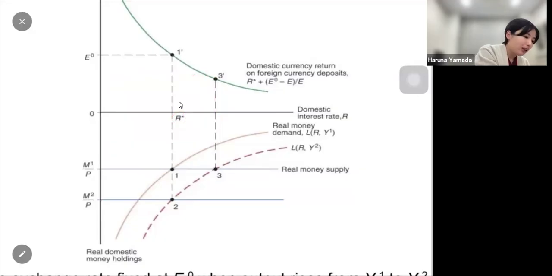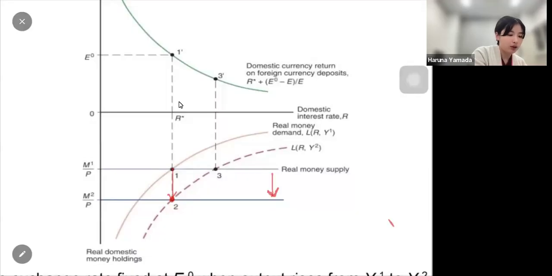So we need to sustain this exchange rate level E0. To do so, central banks intervene by increasing money supply. Then the economy goes to point 2.